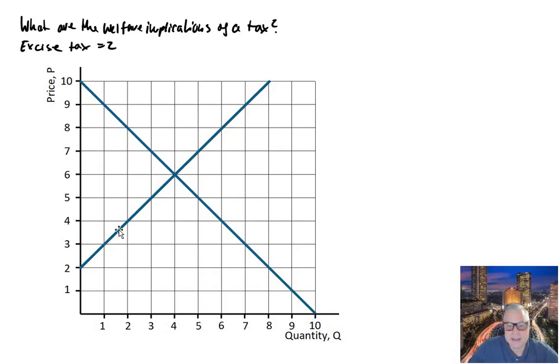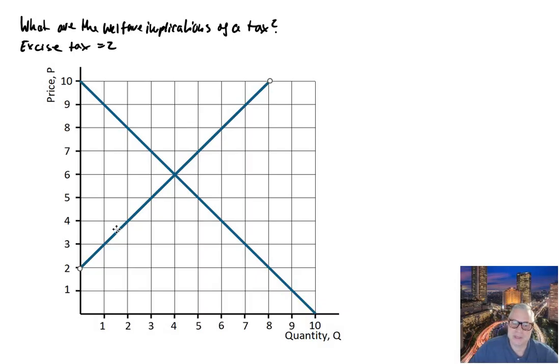So what an excise tax does is it takes the supply function, which is the regular supply function, which captures the actual cost of all the producers prior to the imposition of a tax.